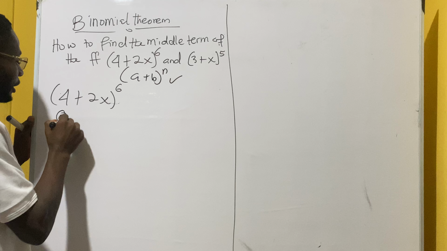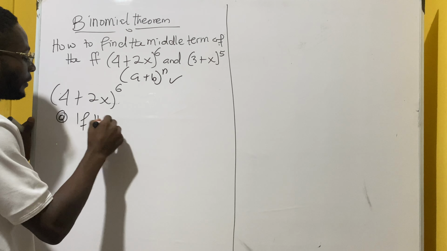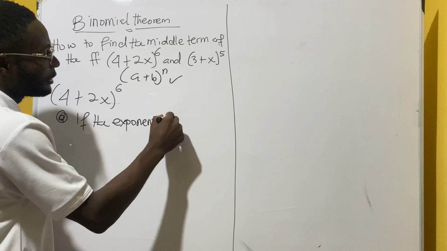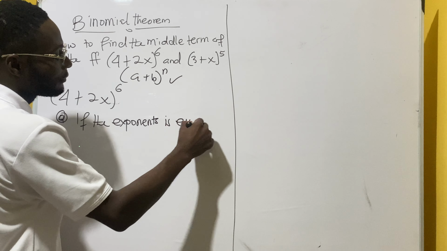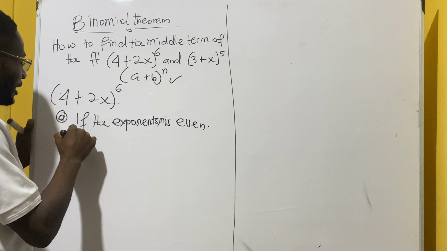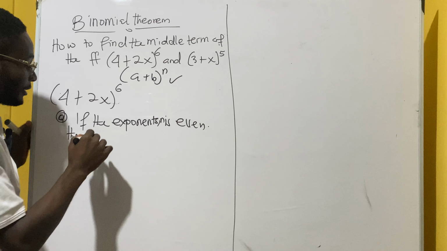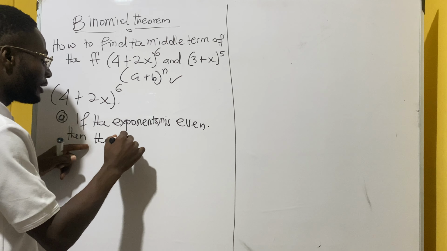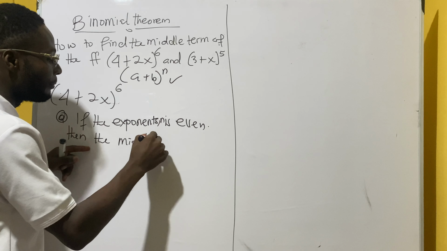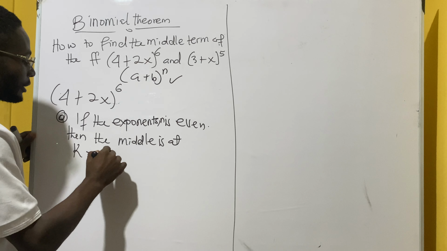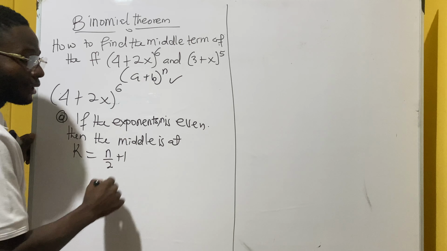First, condition A: if the exponent, which is n, is even, then the middle term is at k equals n over 2 plus 1.